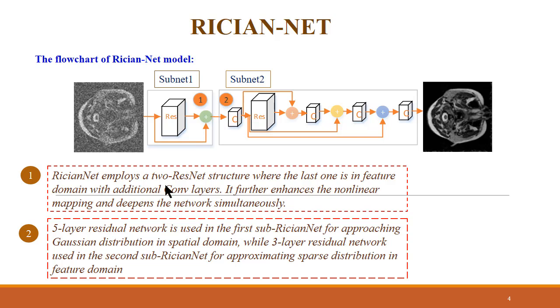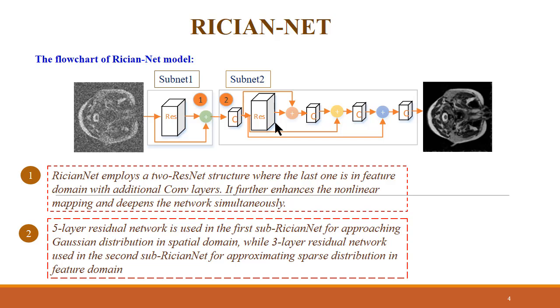Specifically, the first Rayleigh net consists of 5 layers and is for approaching the Gaussian distribution in the spatial domain. The second subnet has 3 layers and is used for approximating the sparse distribution in the feature domain. As we know, Rayleigh noise can be approximated by Gaussian noise with very high SNR.